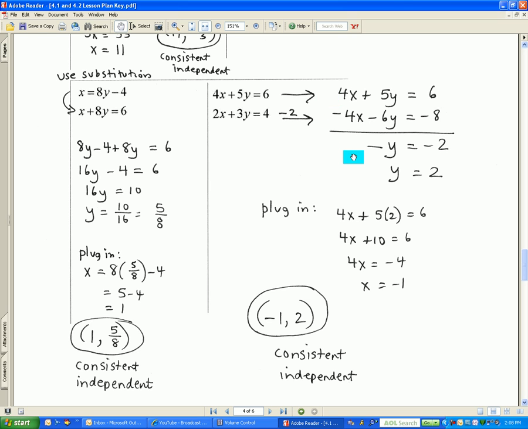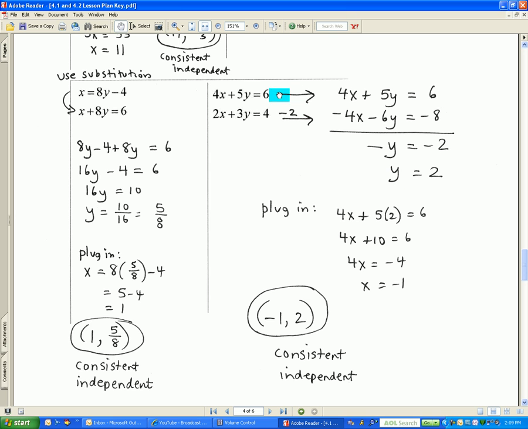When I do my elimination, I get a -y equals -2. That negative is really a -1, which I can't have remaining there. So I divide both sides by -1, and I get y equals 2.